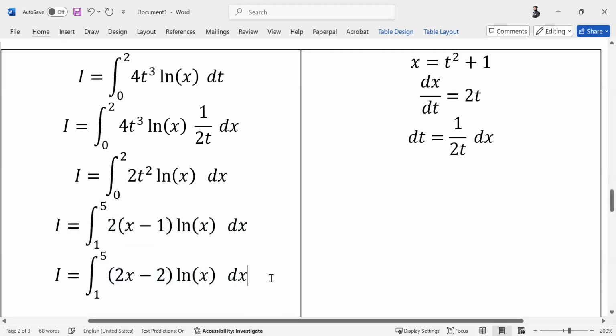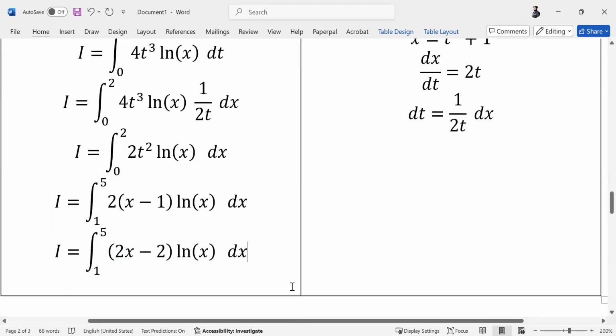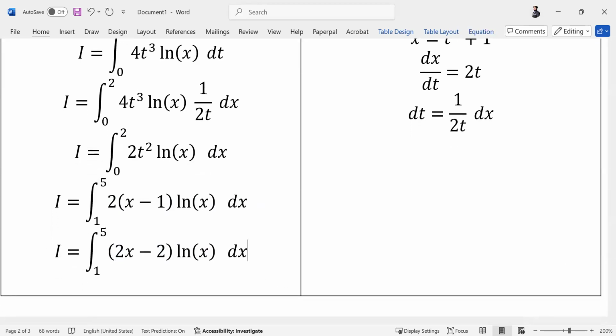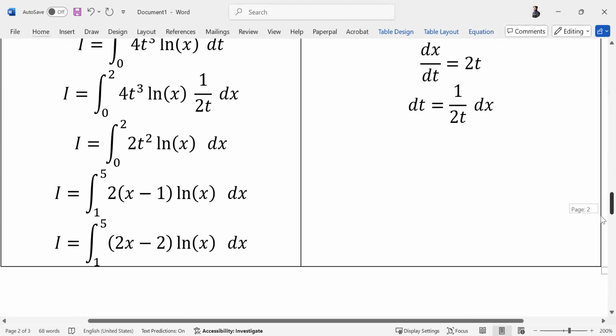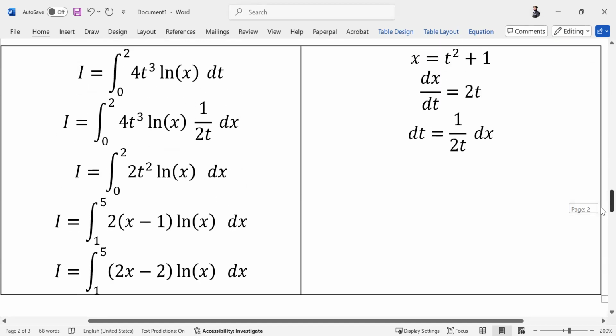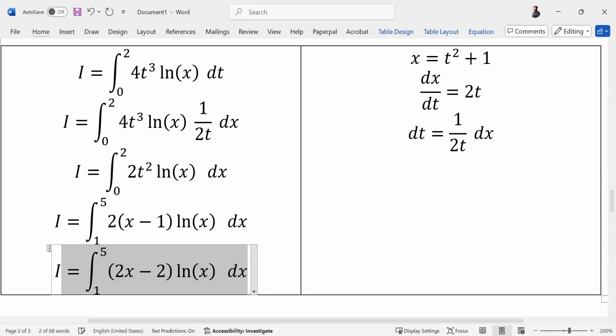And remember what is happening? Two functions are being multiplied in this case and I still need to integrate. Is that right? So two functions are still being multiplied and I still need to integrate.